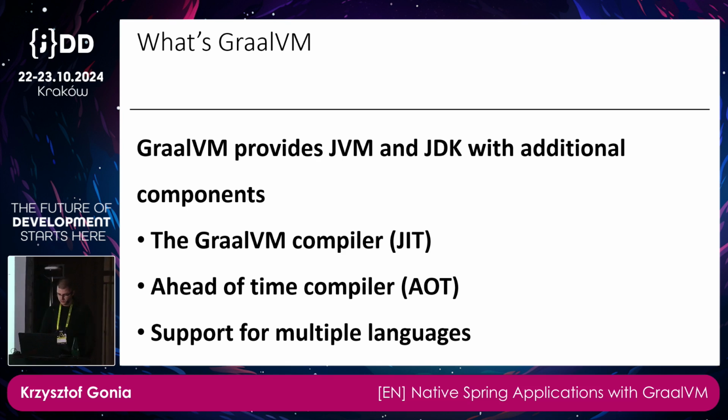But today we will focus on the ahead-of-time compiler, which allows us to compile our Java code to native code. So native code that can be run without JVM. We will get an executable file that we run just on our system without any additional environment like the JVM.